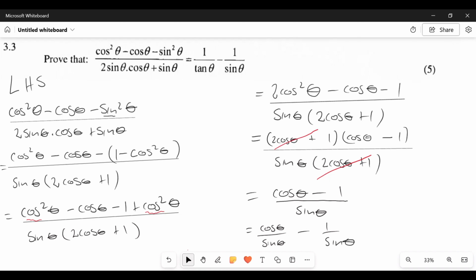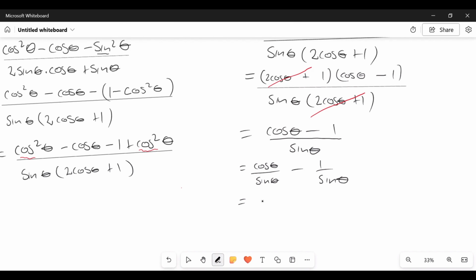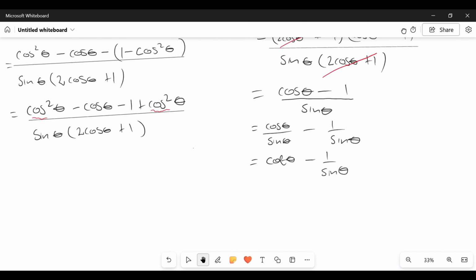There we go. So let's create a little bit of space here, guys. What is cos over sine? Remember, cos over sine, guys, is cot theta. 1 over sine, let's just leave it for now. Remember, we're trying to make the left hand side equal to the right hand side. For negative 1 over sine, we already proved it. It's time for us to prove 1 over tan, but it's already proven, guys.